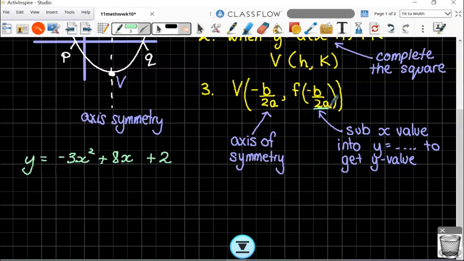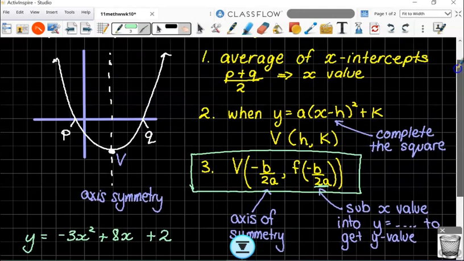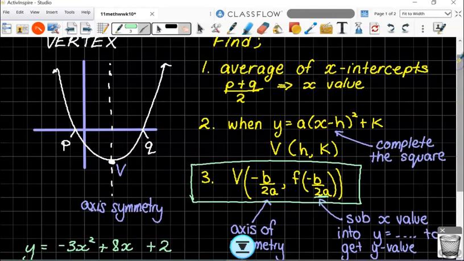So if you need to, you are writing vertex formula, and we are going to use that to find the vertex. You'll find it's quite nice because you've done worse when you've used the quad formula.